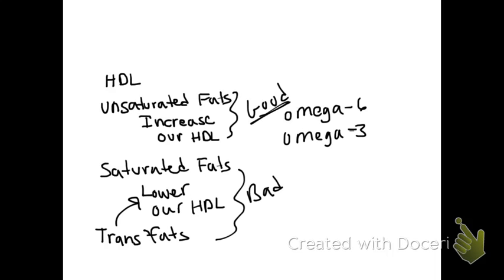And not only are they good for us to raise our HDLs, but they're also essential fatty acids that we need in our diet because we can't make them. Alright, so you need to know the difference between saturated, unsaturated fats and trans fats and how they affect the HDL levels. Alright, now let's look at LDLs.